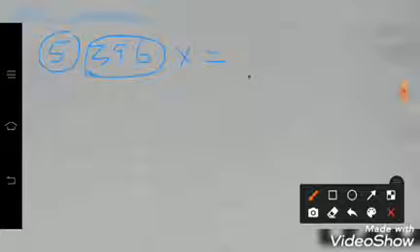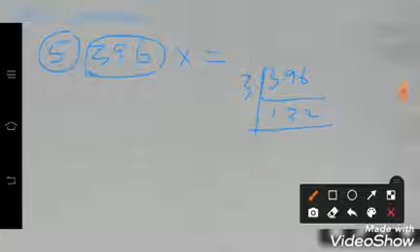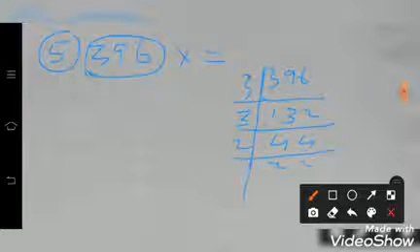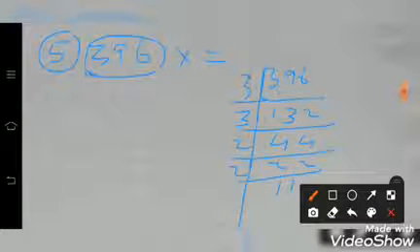You just factorize the number. Let's see here, 396. You just factorize. 396 = 3 × 132, 132 = 3 × 44, 44 = 2 × 22, 22 = 2 × 11, and 11 × 1 is 11.